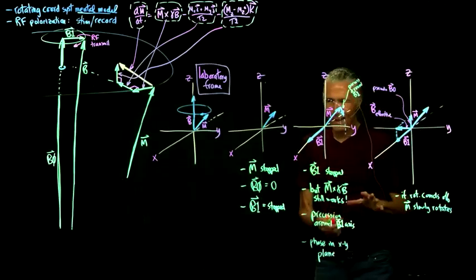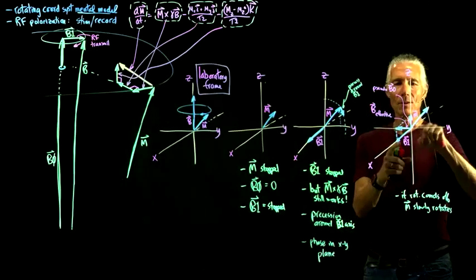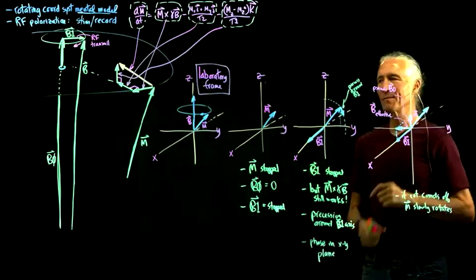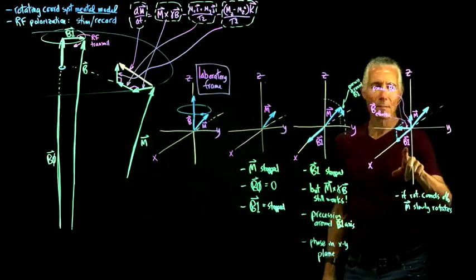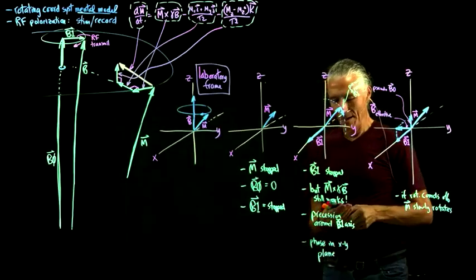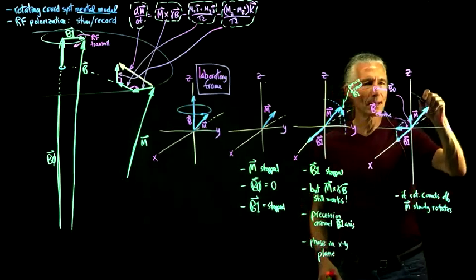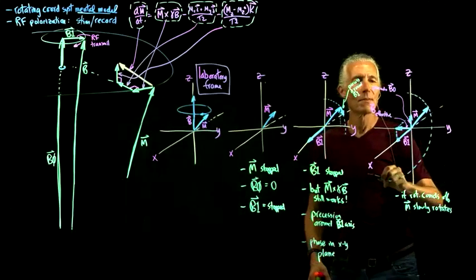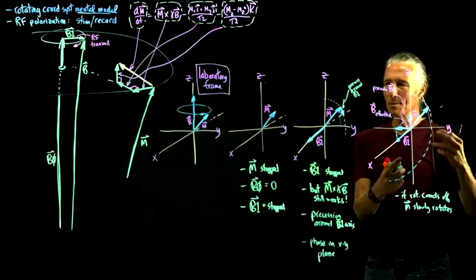Okay, so after all that, what's going to happen? Well, we're going to cause this M vector to precess around the effective direction rather than the B1. It's a little hard to draw, but this guy is going to precess around a plane that is not going through the y-axis.